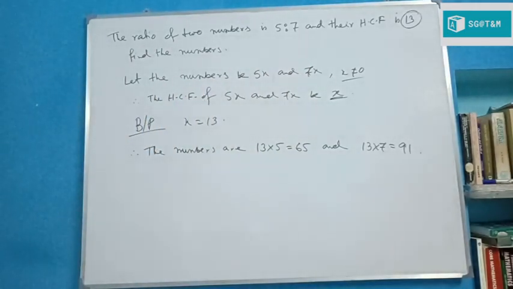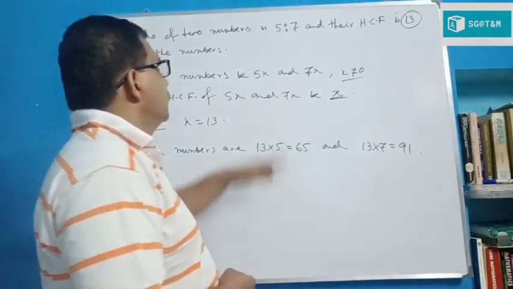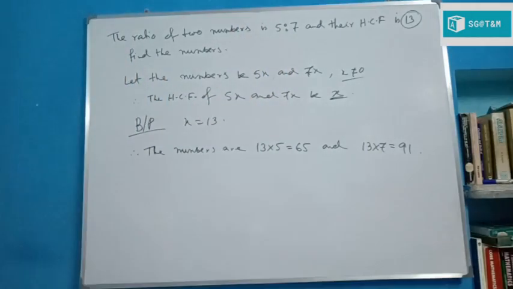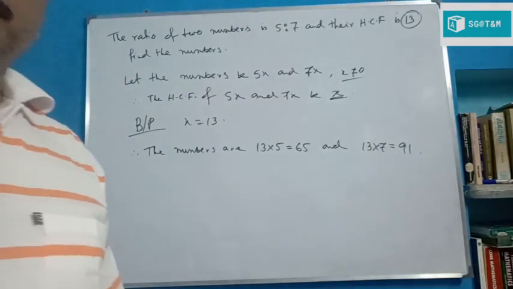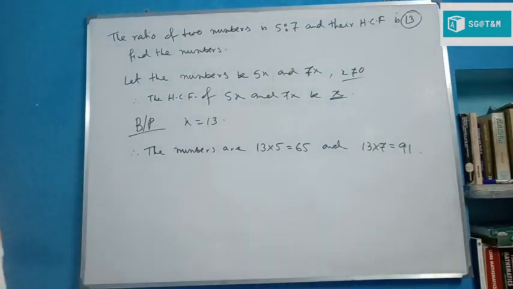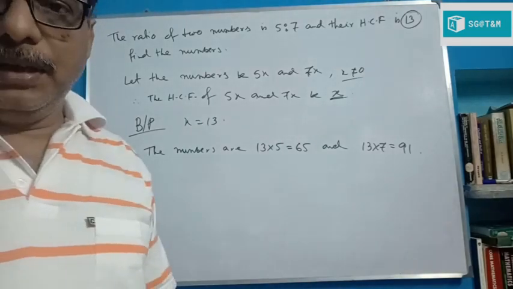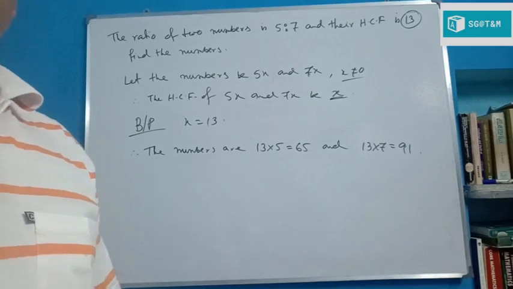Therefore the numbers are 65 and 91. Their HCF is also 13, and the ratio of these two numbers in simplified form is 5:7. You can find it very easily using this process.